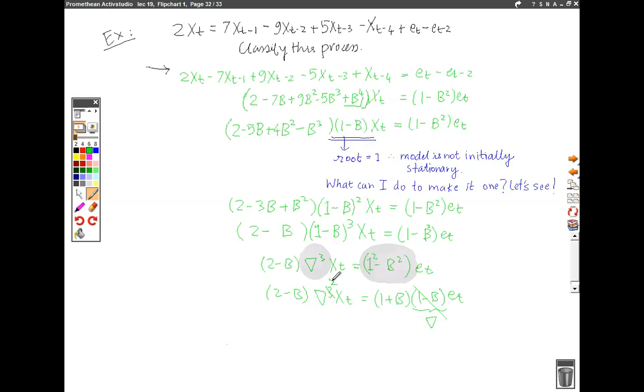So now the model that I have with me, I can rewrite as (2 minus b nabla squared) x_t being equal to (1 plus b) e_t. How can we cancel the operators since one is applied on x_t and the other is applied on e_t?